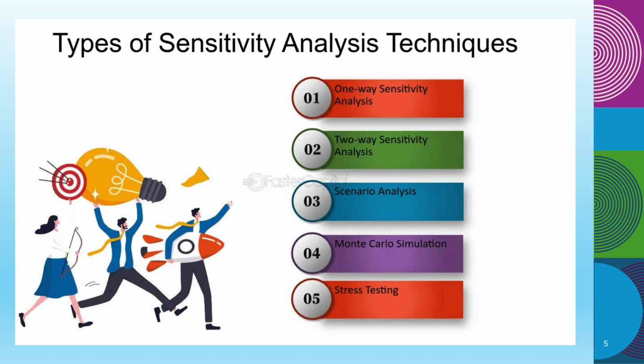Okay, and the different types of analysis techniques. So number 1, I have one-way sensitivity analysis. This is analyzing one single parameter in order to see the outcome of the model. 2, you have two-way sensitivity analysis. This is analyzing 2 variables simultaneously versus the outcome. 3, you have scenario analysis.